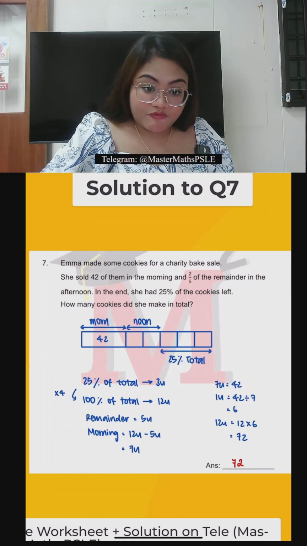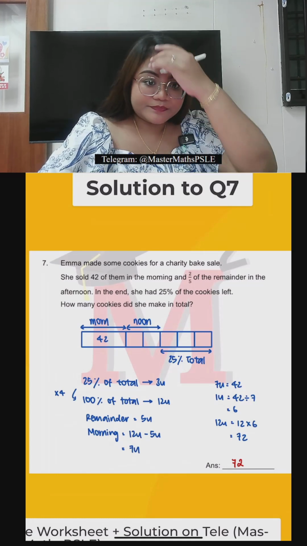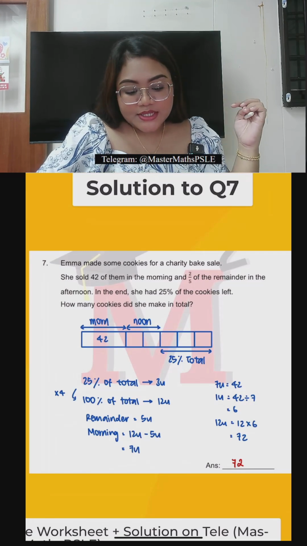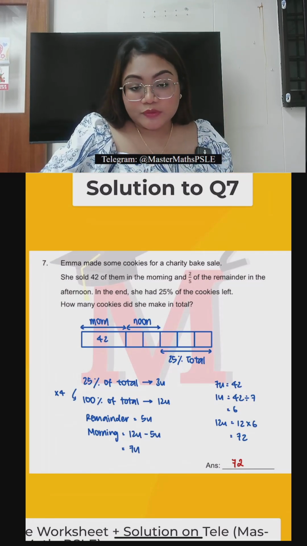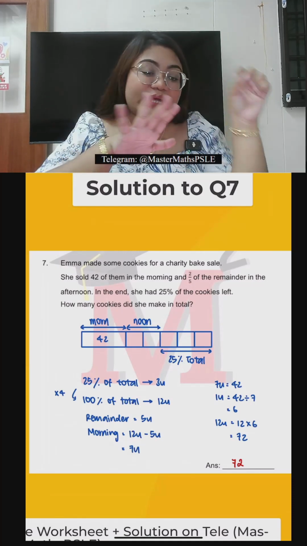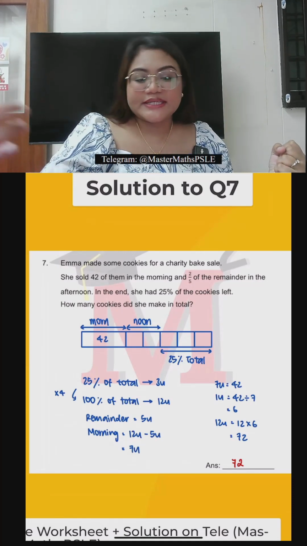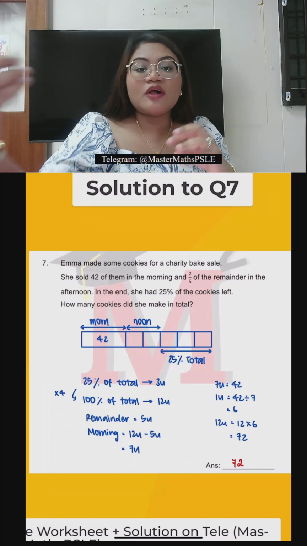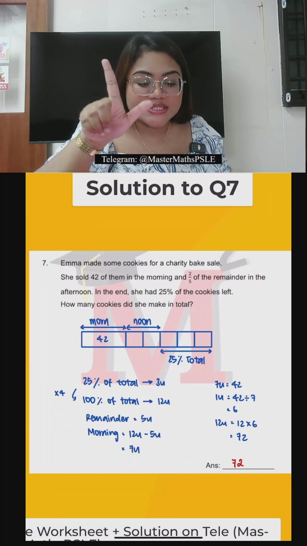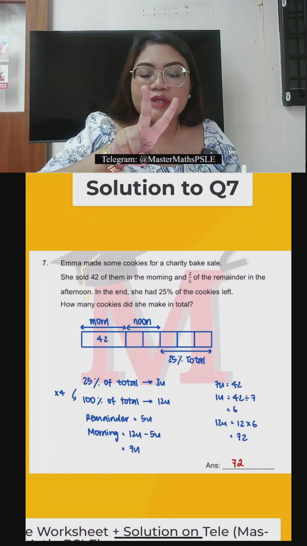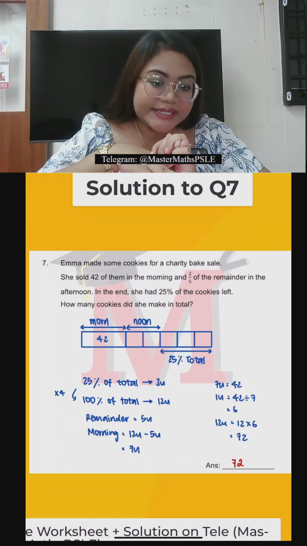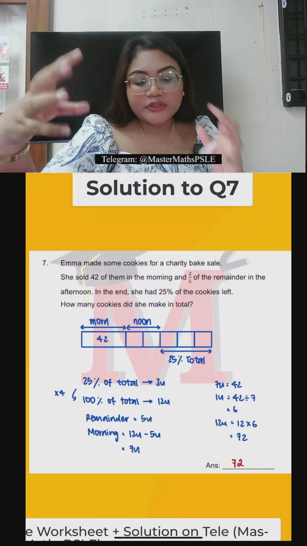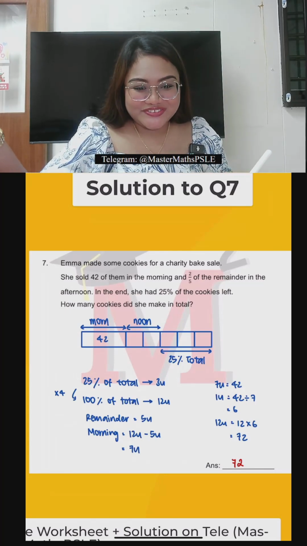You times 4. So you know that the total is 12 units. And the remainder already take up 5. So what is the balance that you sell in the morning? That's 12 minus 5 to give you 7 units. So now you know this 42 actually is 7 boxes inside.